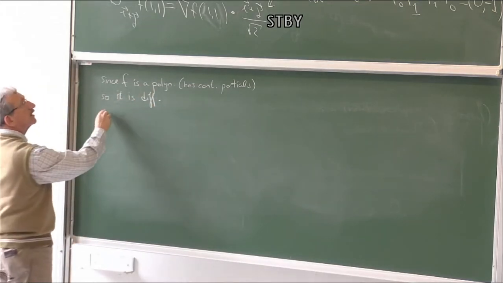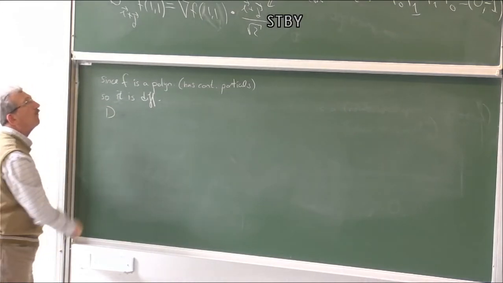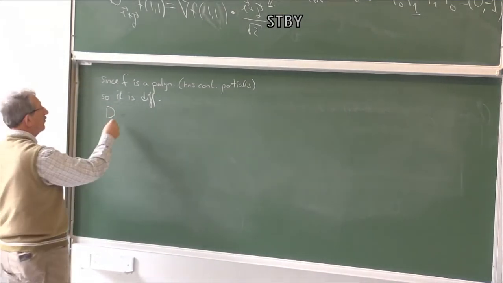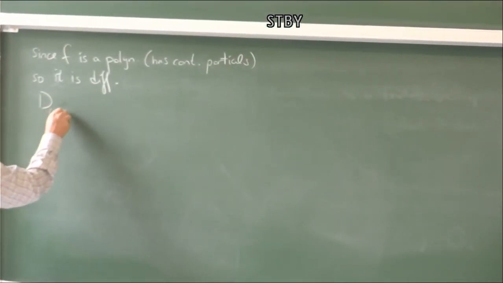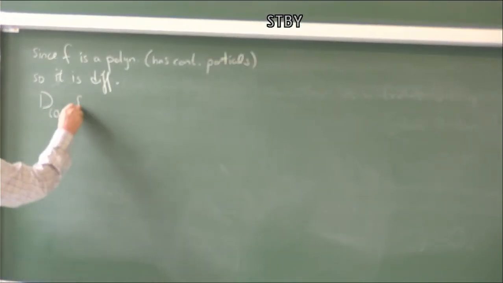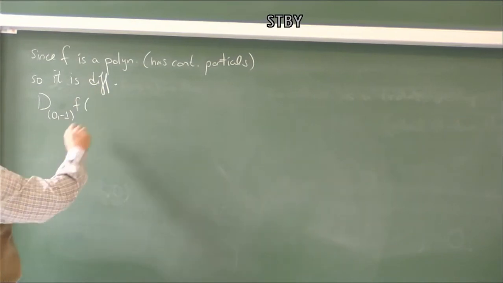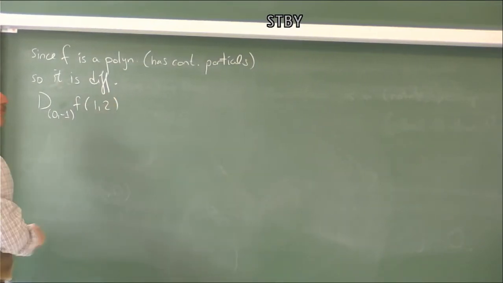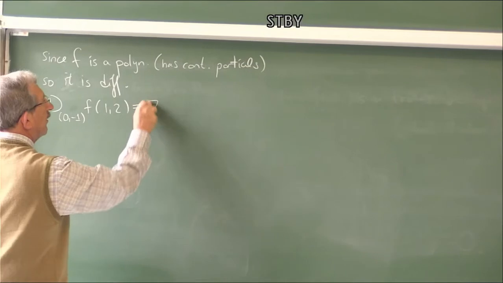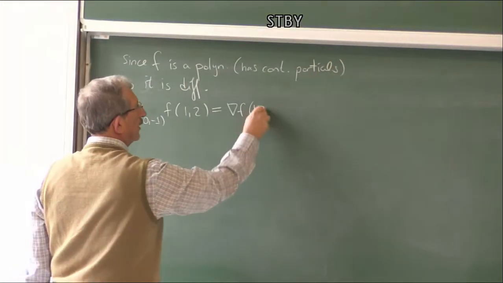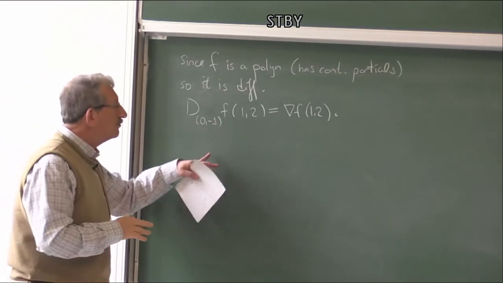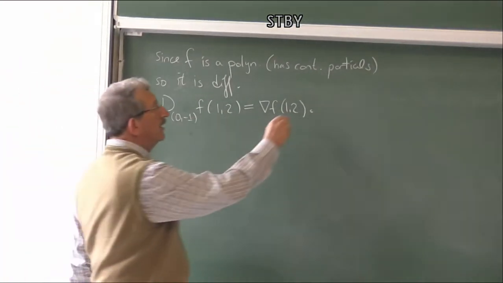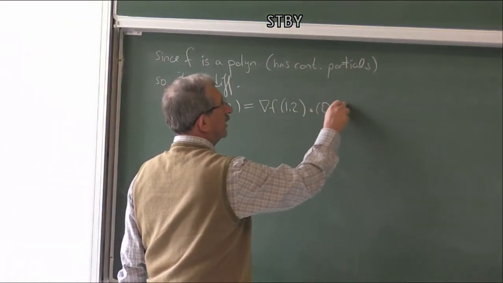And thus the derivative in the direction (0, minus 1), this is our v, of f at the point (1, 2), which is our P0, is the gradient of f at (1, 2) dot the unit vector in this direction, but it's already a unit vector, so it's just (0, minus 1).